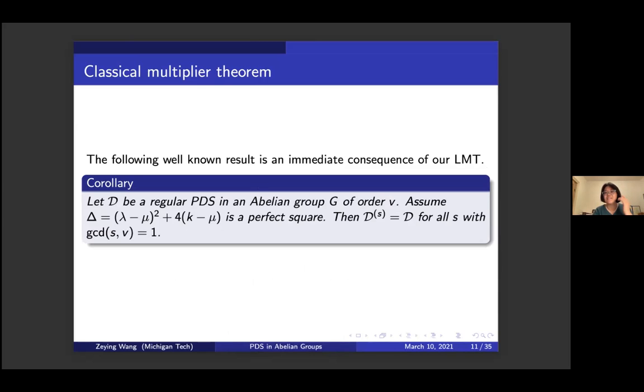I don't say one is stronger than the other, but I think the local one sometimes has more grip in the beginning when you attack a question. In our paper, we did give the proof from the classical one to the local one, but that's afterwards. We didn't see that in the beginning, but afterwards we said, okay, we can prove it, but we used a strong machinery to prove it.